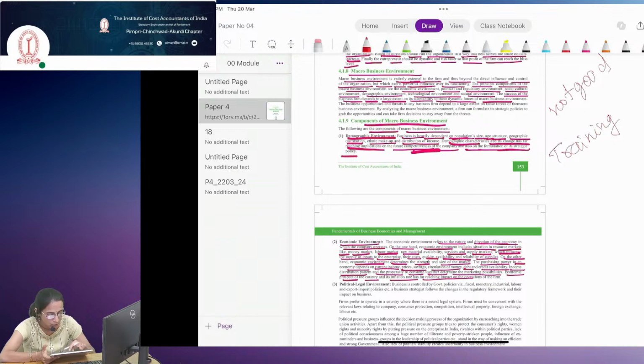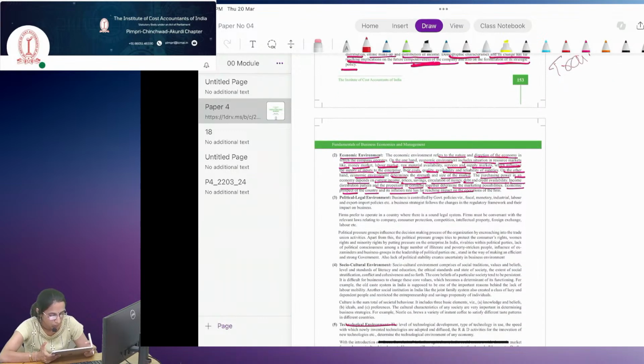Next is economic environment. The economic environment refers to the nature and direction of the economy in which the company operates. If I am starting a business in a particular locality or country, do I have skilled, expert labor available at a cheap price in that locality?